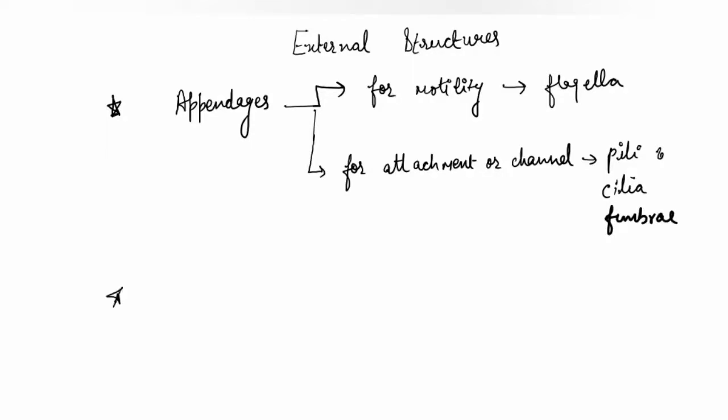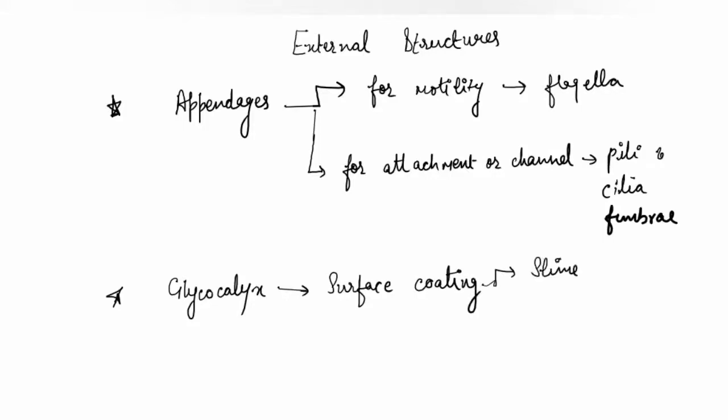And the glycocalyx is basically a surface coating that is present outside the cell wall. It can be a slime layer or a capsule. If the molecules are tightly packed, then it is a capsule, and if the molecules are loosely packed, then it is a slime layer.